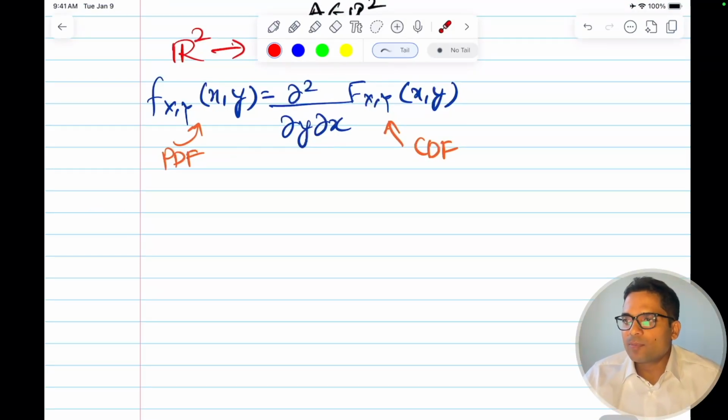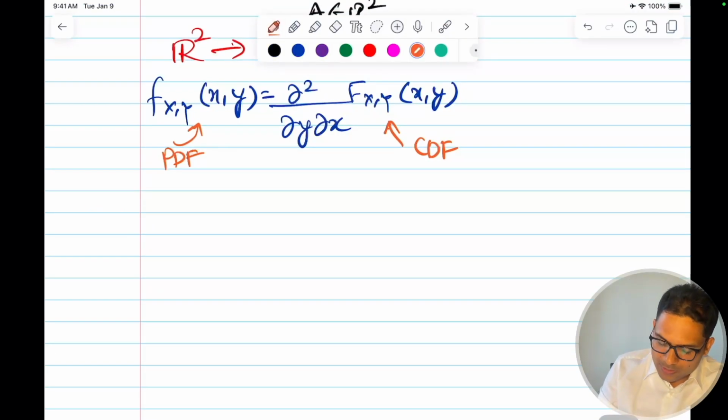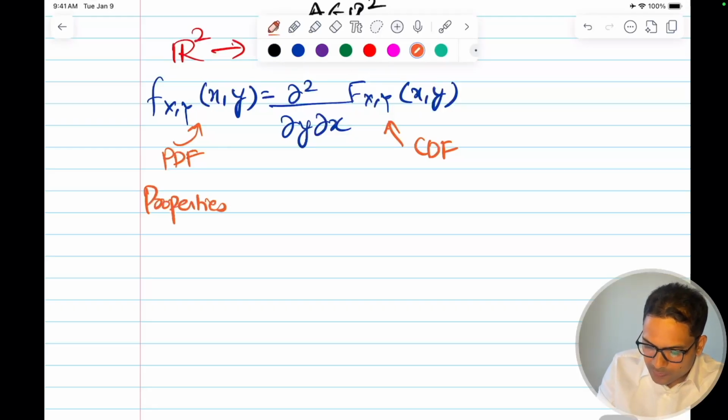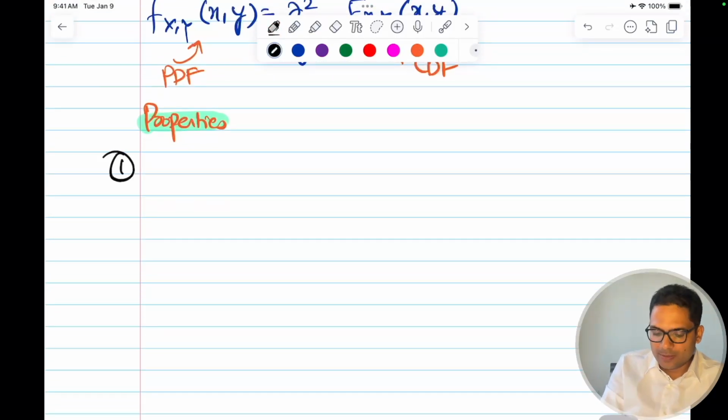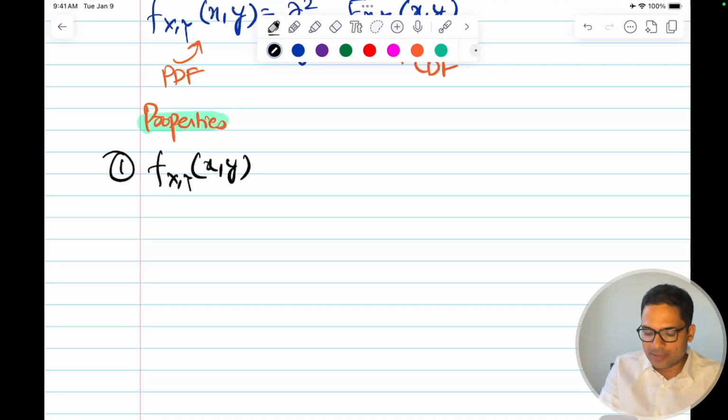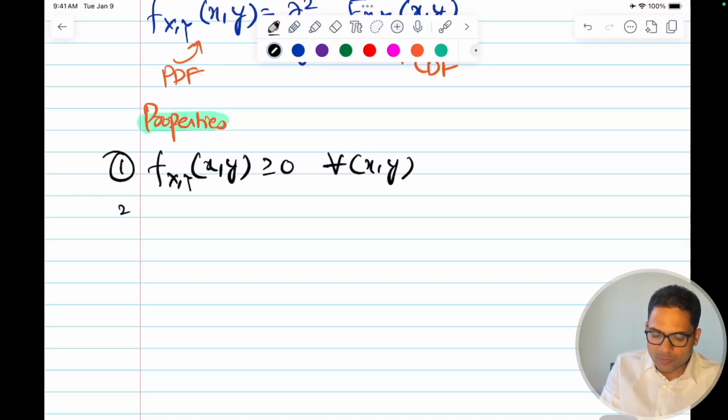Even these will have properties. So let me write the similar properties. All these properties are coming from the past itself, so I'm just revising it so that you remember. The first property is that the probability for any given range for x, y is always greater than 0 for all combinations of x and y, and the summation would be 1.